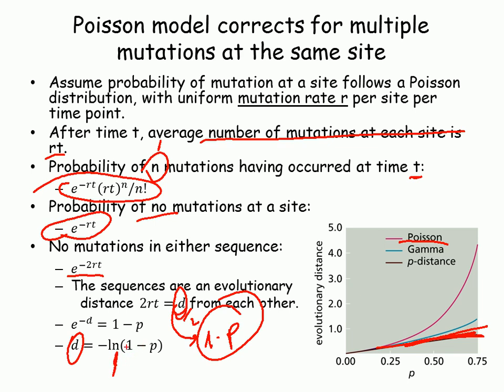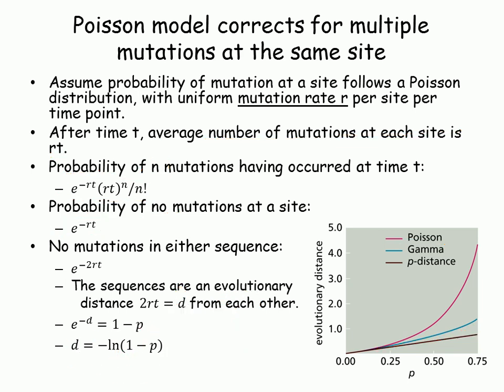It's ln(1 minus p). So what this, in a nutshell, tells you is that if you know the p-distance, which is the fraction of non-identical residues, okay, you can plug it into this formula and find the actual distance. And it'll give you this new value right here. That will be the evolutionary distance between the two sequences.